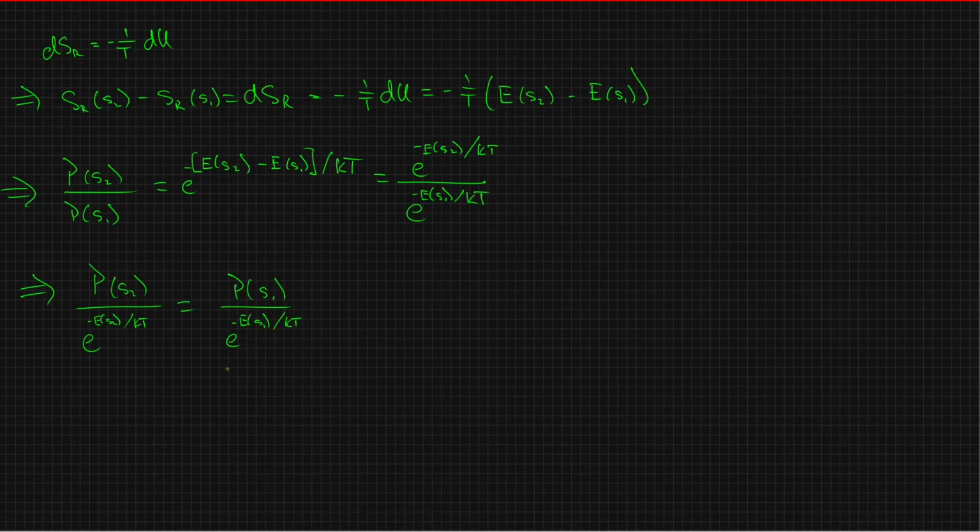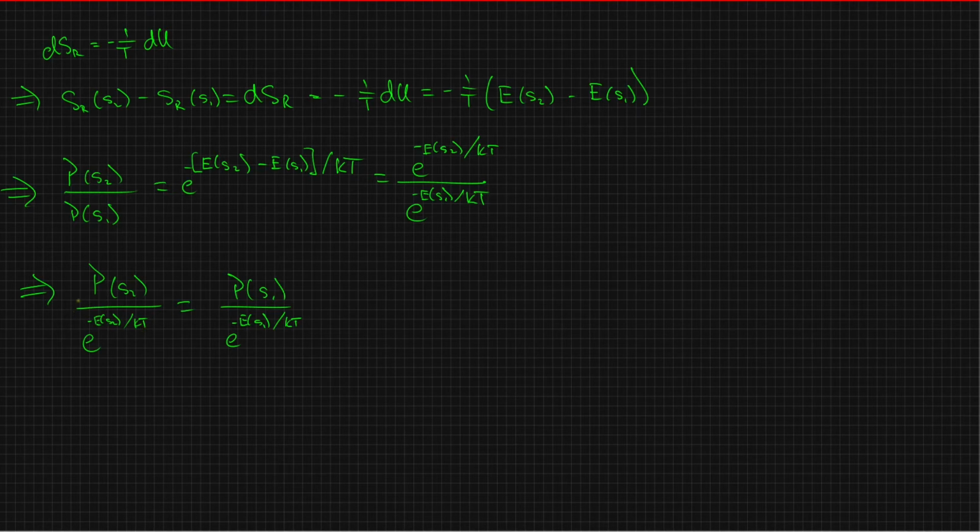Now what you can observe is that this side completely depends on S2, but this side completely depends on S1. So you've got a function of S2 equal to a function of S1, and a function of S1 equal to a function of S2.